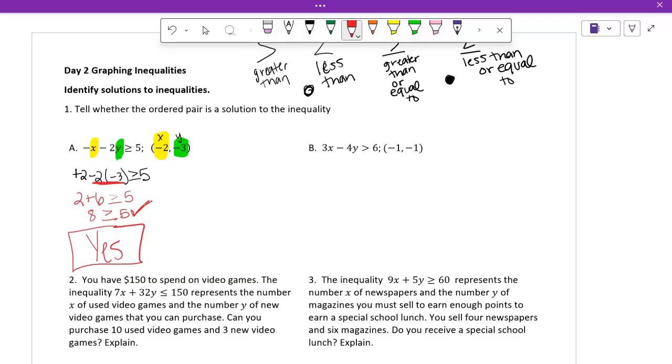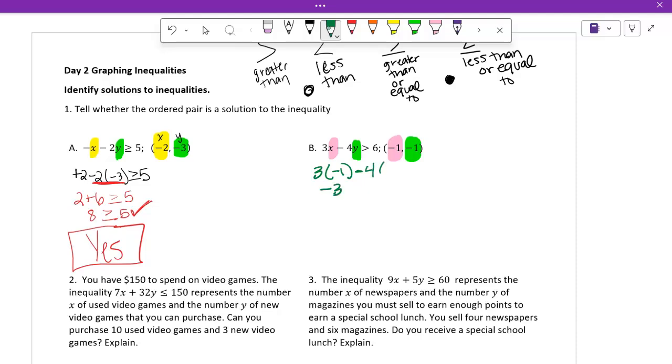Go ahead and try the next one. And you can pause the video. The next one, I'm going to plug in -1 for x, and I'm going to plug in -1 for y. So I should end up with 3 times -1 is -3.